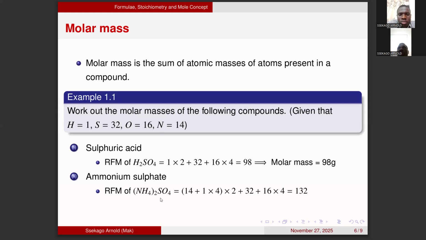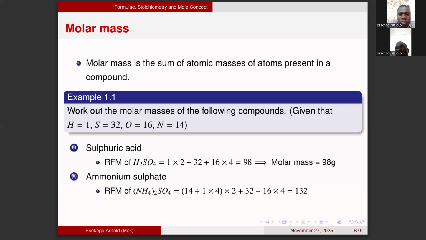So here we have nitrogen, that is 14, from the information given in the bracket, N equals 14. Then hydrogen is 1, but there are 4 of them. Since the ammonium part has a bracket, we also put brackets there. Then we multiply by 2, because there is a 2 down here if you look at this formula carefully.